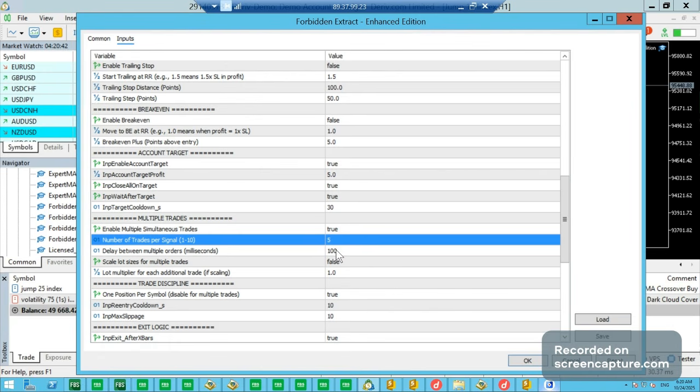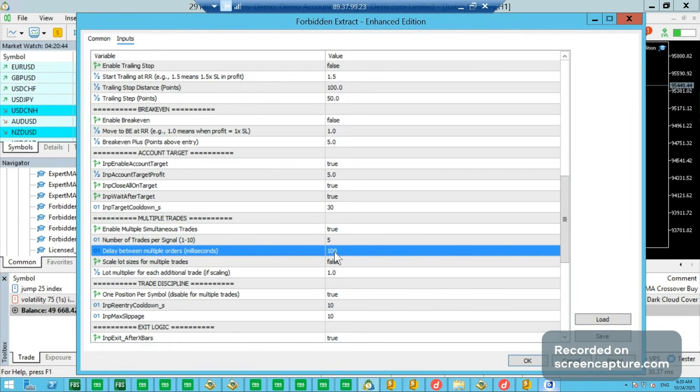So if you set this to 100 milliseconds, that is going to be the slight difference in time between those 5 executed trades. You can increase it, you can reduce it. It depends on your decision.